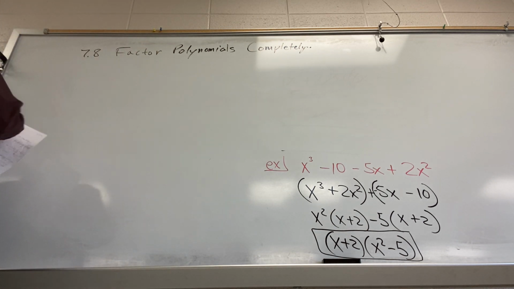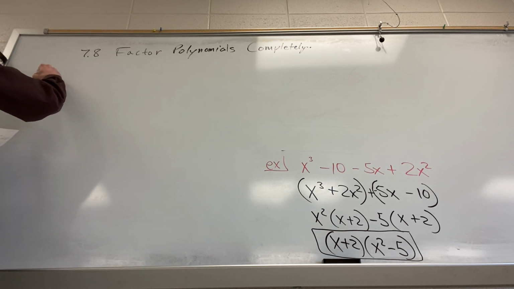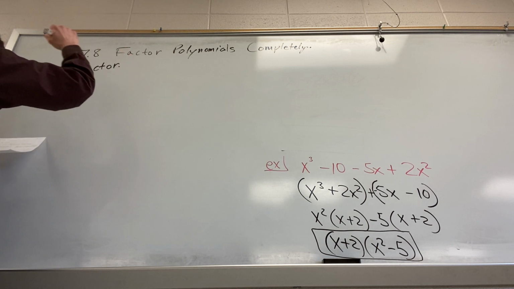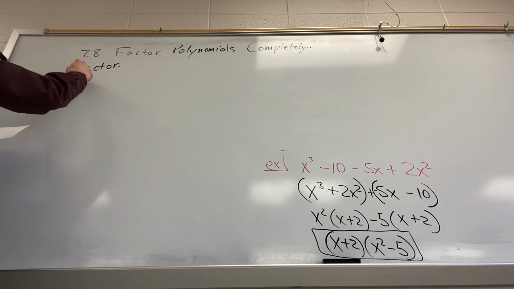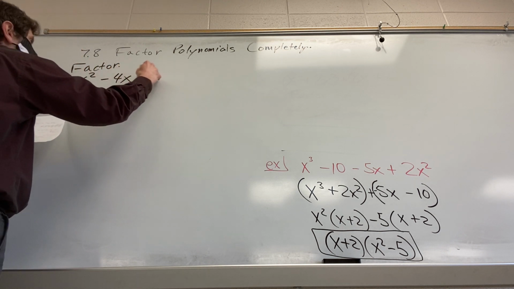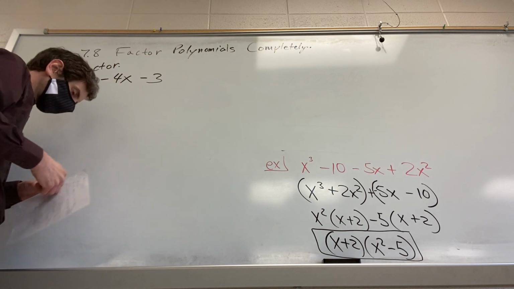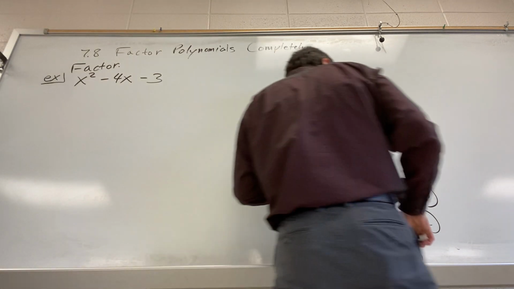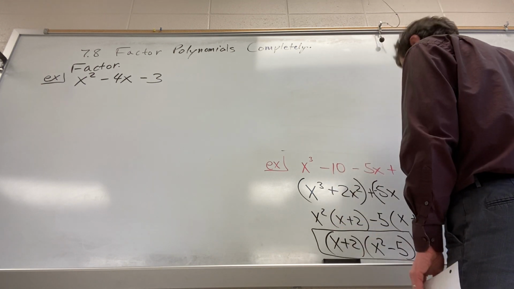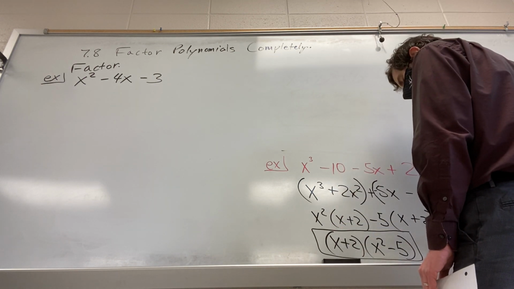Okay, let's look at something. Again, I just want to remind you guys, knowing when not to do something is pretty important. So take a look at x squared minus 4x minus 3. Is this a special pattern? Is this a perfect square trinomial? It's not.